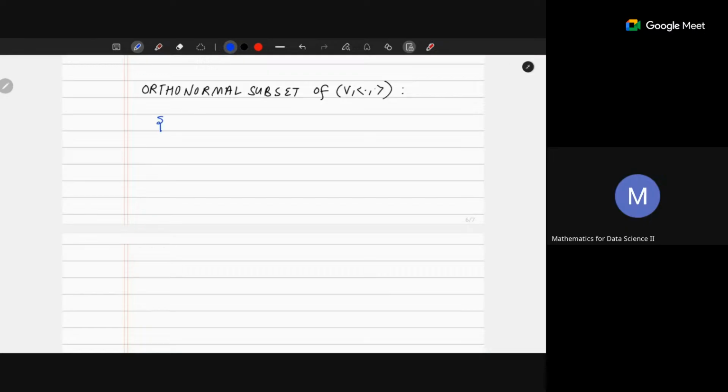Let's say you are given a set of vectors v1 to vk in V, such that the first point is that S is an orthogonal subset, and the second point is that the norm of each vi is 1.